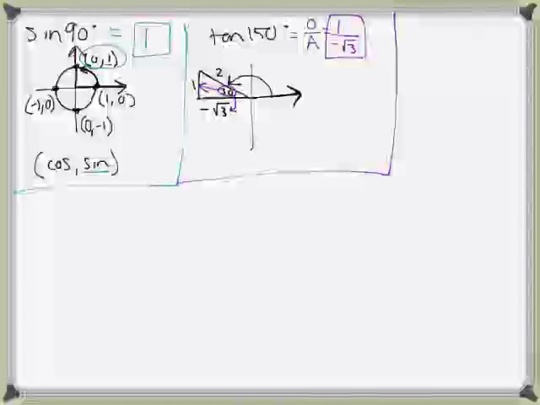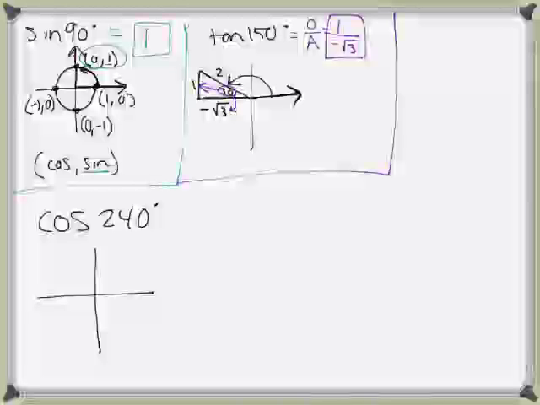The next one we're going to look at is the cosine of 240. So 240, if I want to plot that, the 0 line starts out to the right.